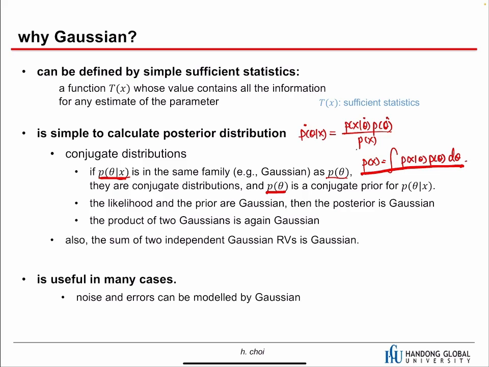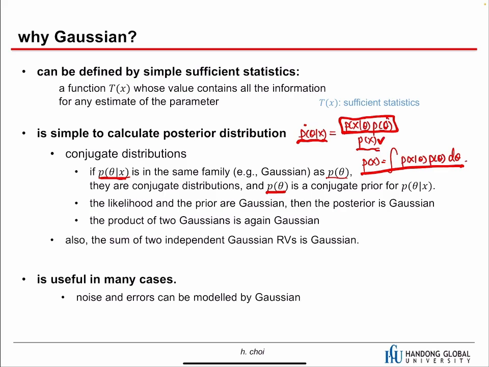We don't need to calculate this p of x in this case. Look at this one. P of x is actually marginalizing this part to make the posterior a distribution. If this one is Gaussian, we already know that, and then what we need is the mean and variance. So we can calculate posterior distributions without this term.